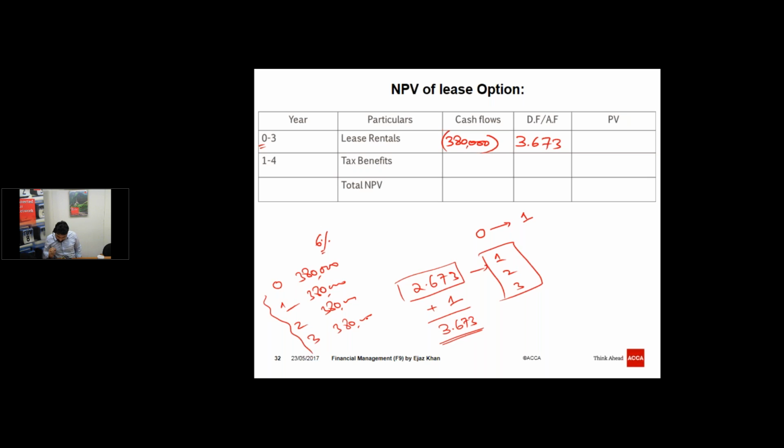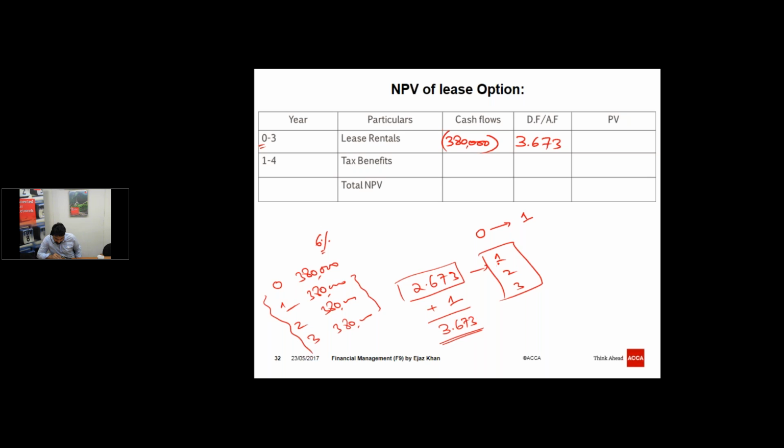The 3-year annuity factor, that is 2.673, is actually the sum of the discount factors of year 1, 2, and 3. If we go to the annuity factor table, to the 6% column and year 3 row, we'll see 2.673.